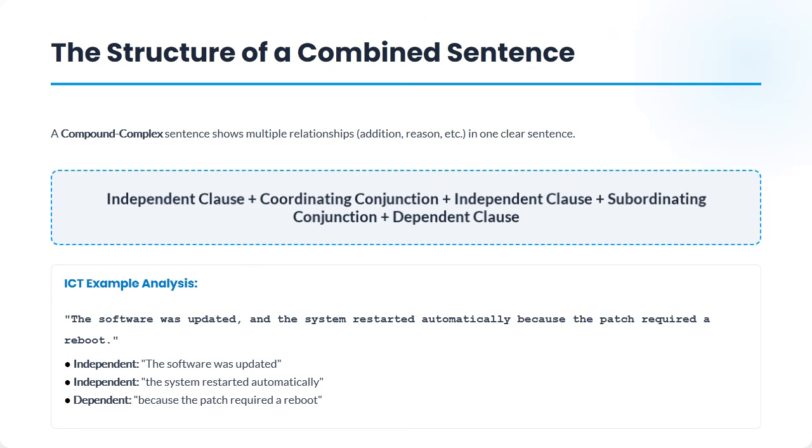So we understand that a compound-complex sentence is a mix of a compound sentence and a complex sentence including three clauses: two independent clauses separated by a conjunction and a dependent clause that starts with a conjunction.